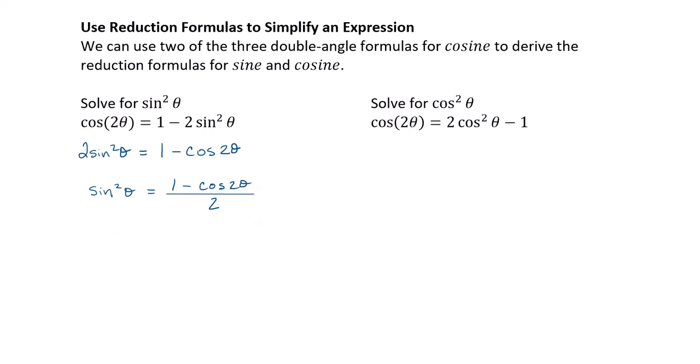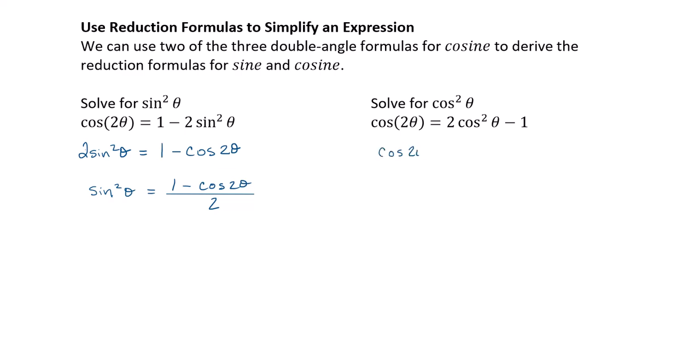Now let's take cosine 2 theta equals 2 cosine squared theta minus 1 and solve it for cosine squared theta. So the first thing that we could do is go ahead and add 1 to both sides.